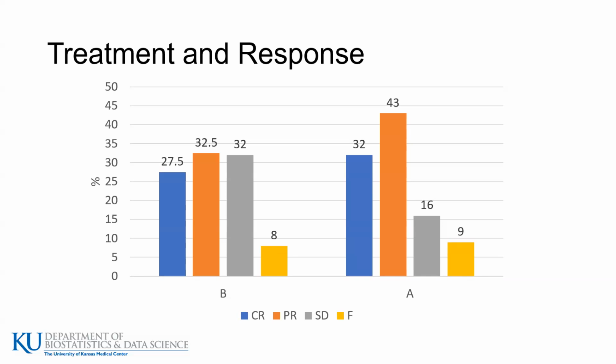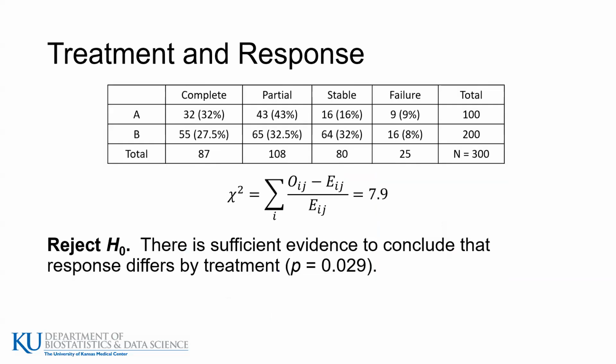But to test this assumption, we need to calculate our test statistic. Again, our test statistic is based on both the observed counts as well as the counts that we would expect to see if the null hypothesis was true, or if there was no difference in response rates between the treatment groups.